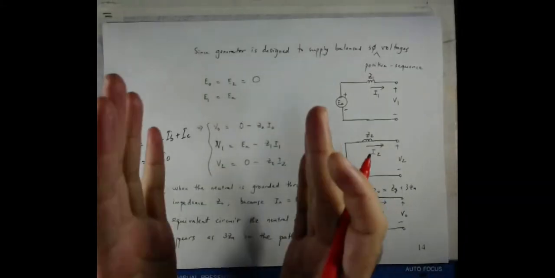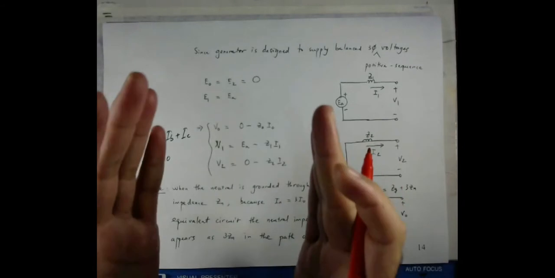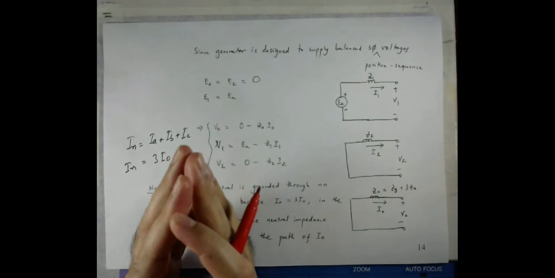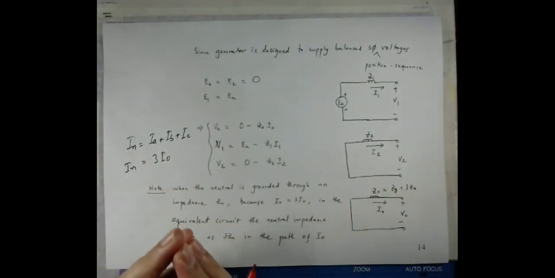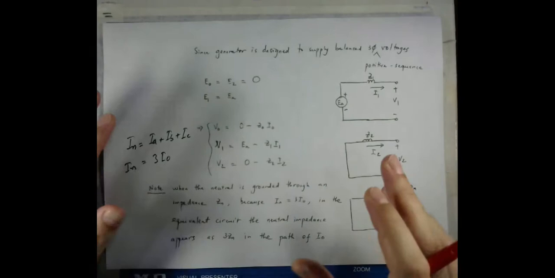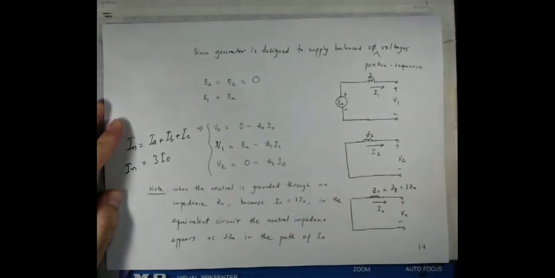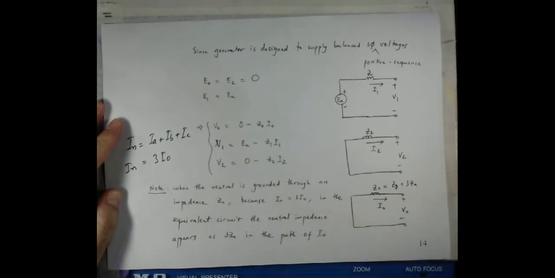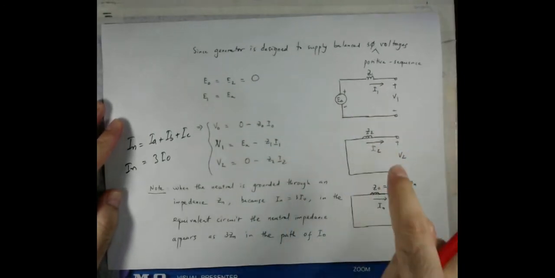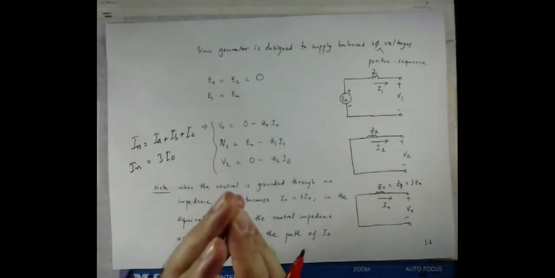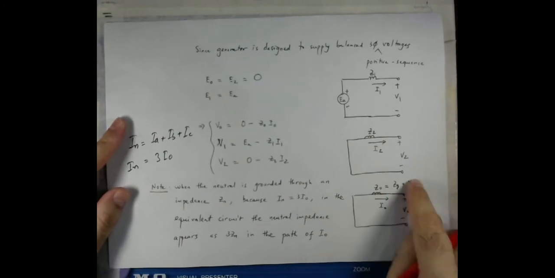We then derived the sequence networks of the synchronous generator, and we made some observations. We discussed that only in the positive sequence network do we have a voltage source. In the other two sequence networks, the negative and the zero sequence networks, there are no voltage sources. Also, the positive and negative sequence currents do not flow through the impedance to the ground, ZL, and only the zero sequence current flows through the ZL.